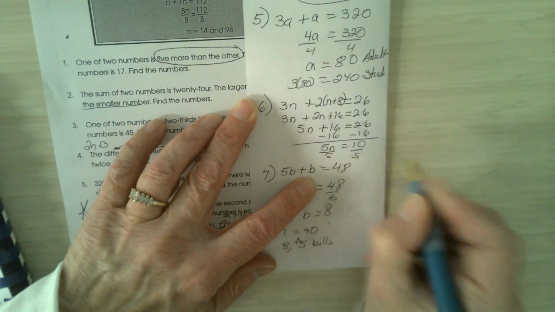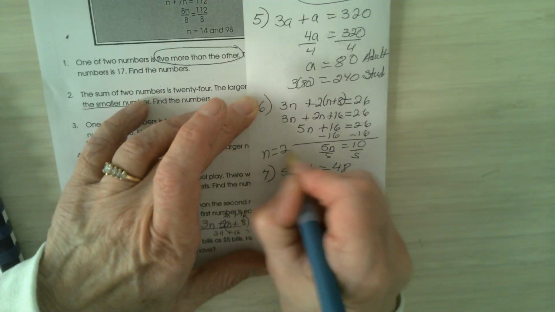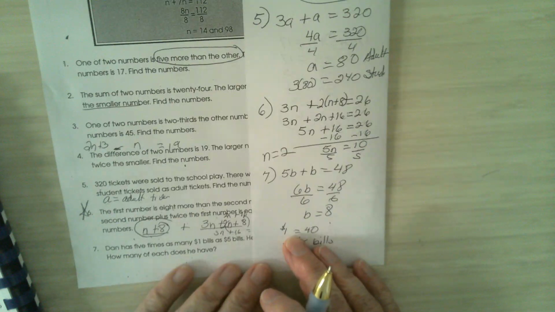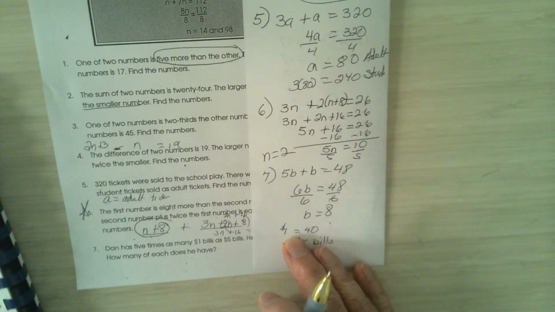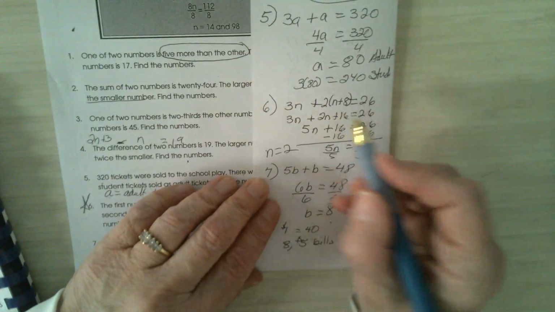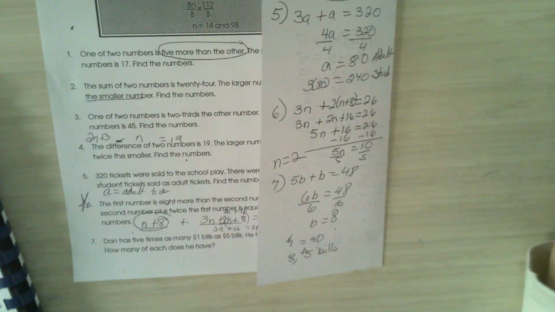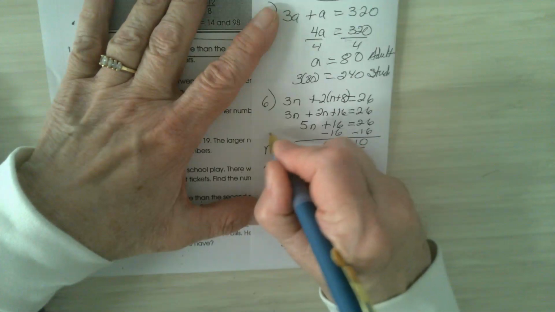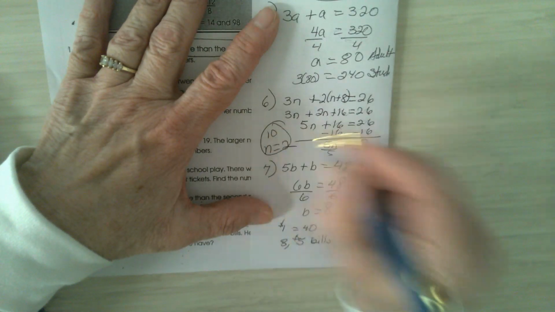Divide by 5, and n equals 2. Then, whenever you want to find out what the other number is, you're going to do n plus 8. So 2 plus 8 is 10. So the other number is 10. So the numbers are 10 and 2 for number 6.